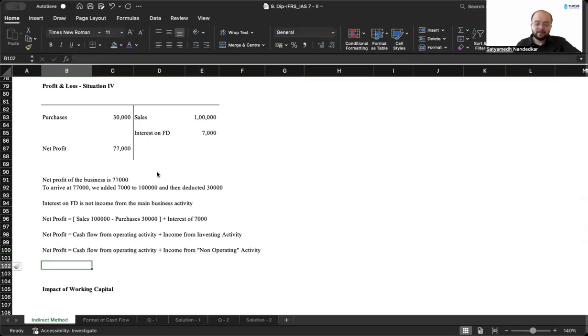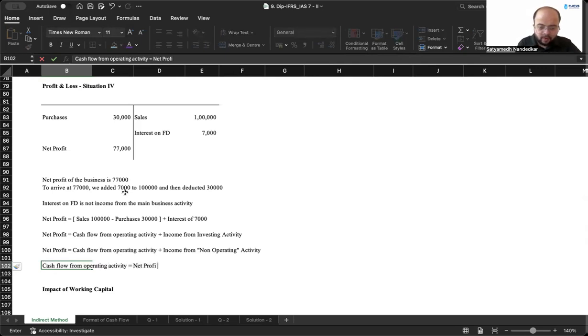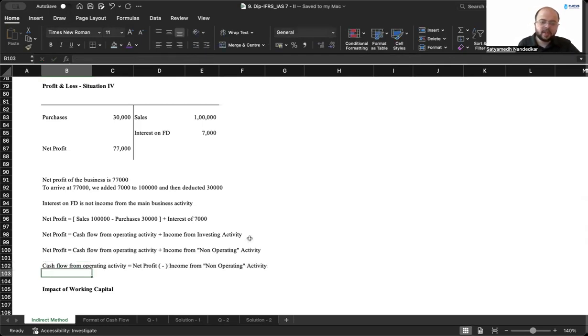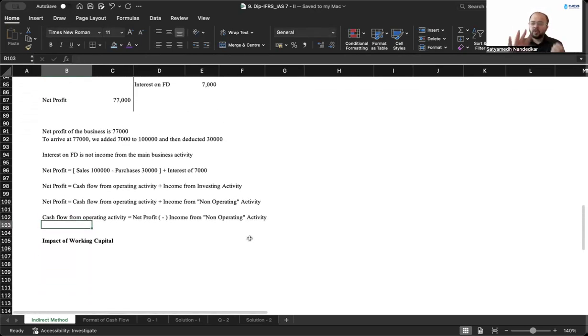So now if I need just the cash flow from operating activity, what I have to do is cash flow from operating activity is net profit minus income from non-operating activity. Okay. So the third adjustment that we learned was income from non-operating activity has to be subtracted while arriving at the cash flow figure.